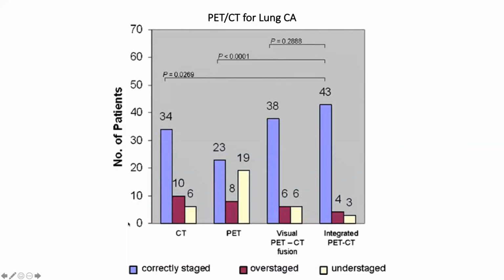So looking at that data together, sorry that this is in the way. If we use CT only, PET only, look at the PET and the CT visually, or integrate. Now, I'm not actually sure what the difference between these two is, but it'll be in the paper, in the caption here. But it's fairly obvious what's going on, right?